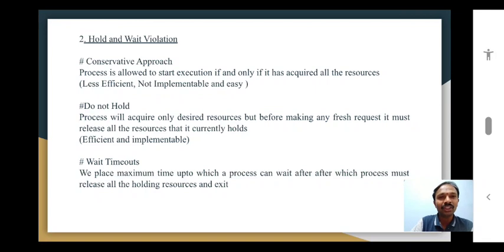As we have seen about the system model in previous videos, a process requests a resource, uses that resource, and releases that resource. Now what the process is doing in this second condition, hold and wait, is holding one resource already and waiting for another resource.